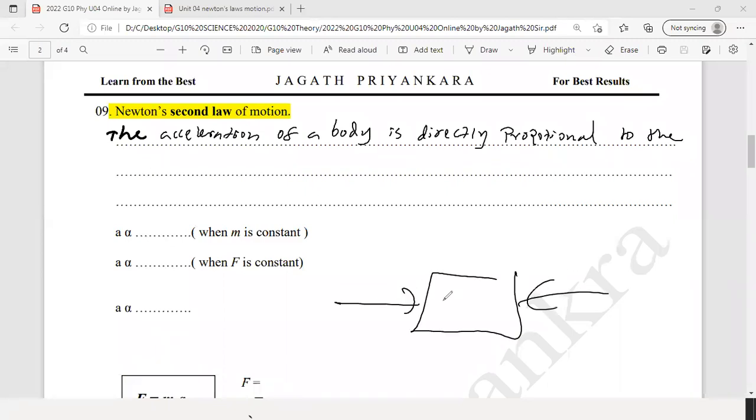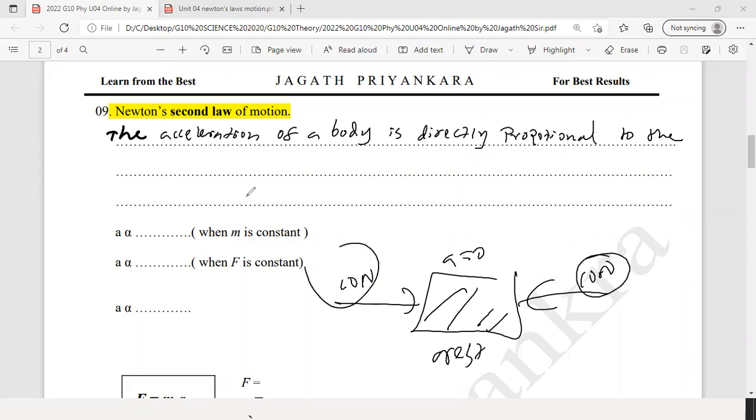Unbalanced is very important, not just force, because when you apply a force, the other side also has a force. Then what happens? The forces are balanced and cancel out. Is there any acceleration? Acceleration will be 0 and the object is at rest. Remember, that's why we have to mention unbalanced force.